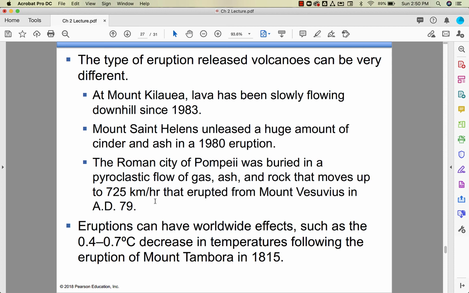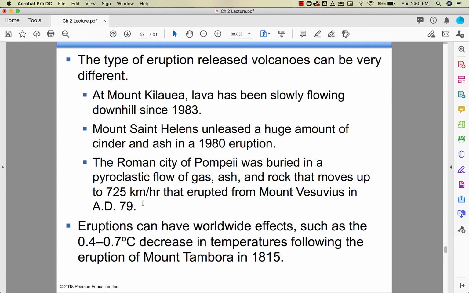It was a huge, massive eruption that put what they call a pyroclastic flow of ash and gas and rock that moves very, very quickly, 725 kilometers an hour. And you can't outrun it, and you can't outdrive it, and you can't outfly it. So you're basically dead. And it destroyed the city of Pompeii and also the city of Herculaneum as a result.